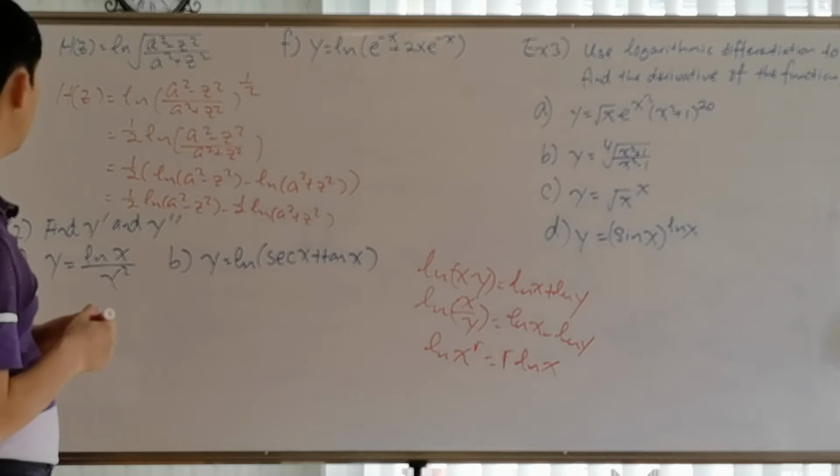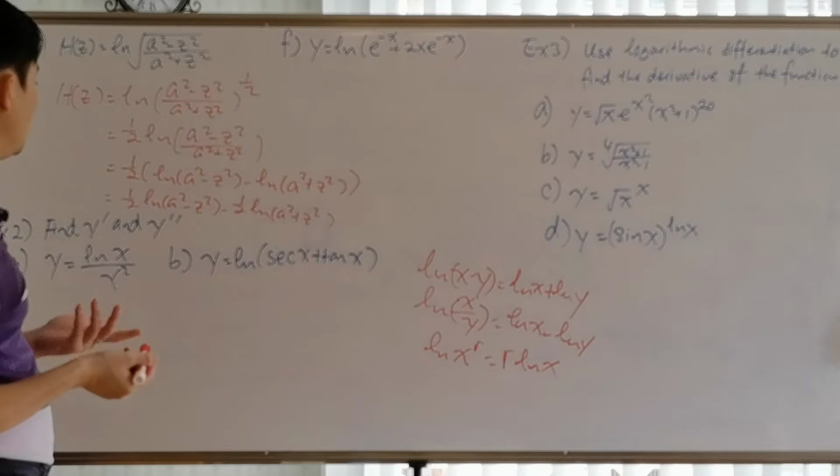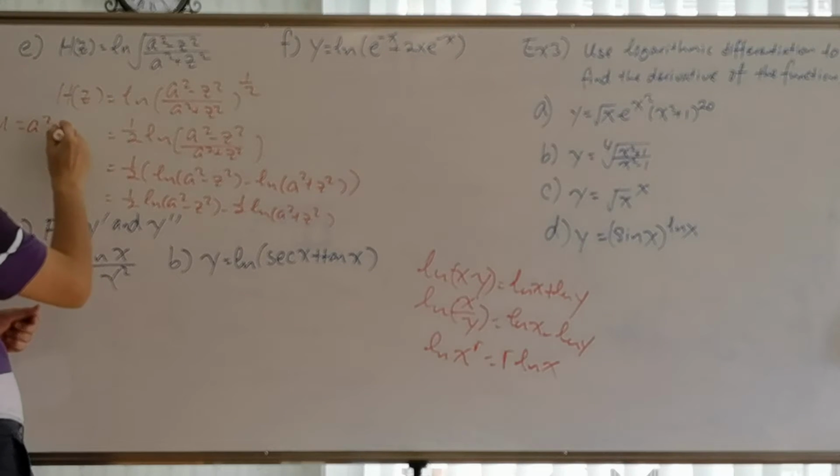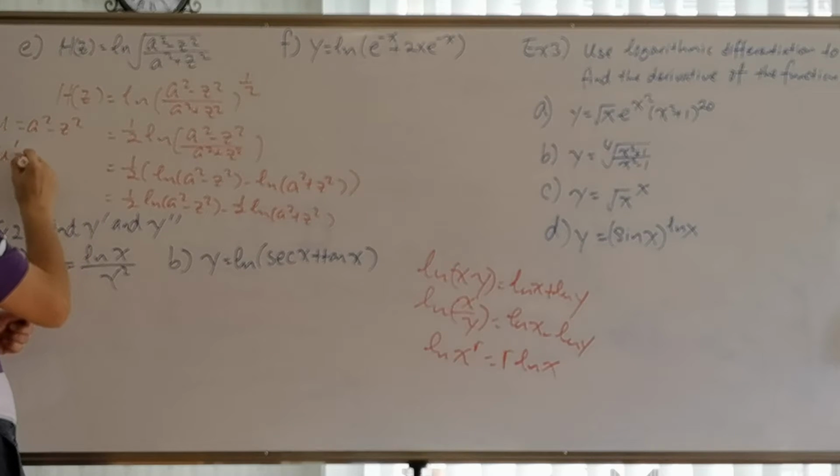For this one, you probably want to use u and w. So u would be what? A squared minus z squared. So u prime is negative 2z, because a is a constant. And then w would be a squared plus z squared. So w prime would be 2z.